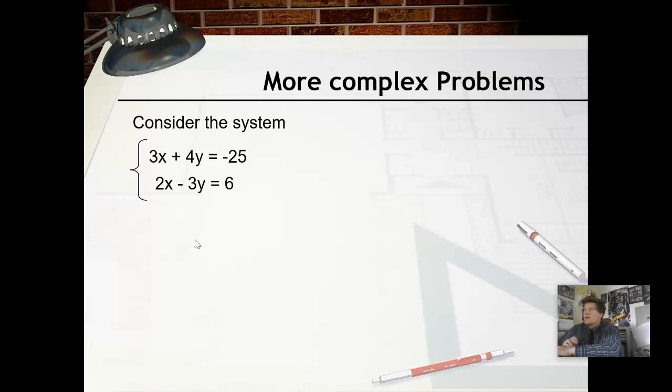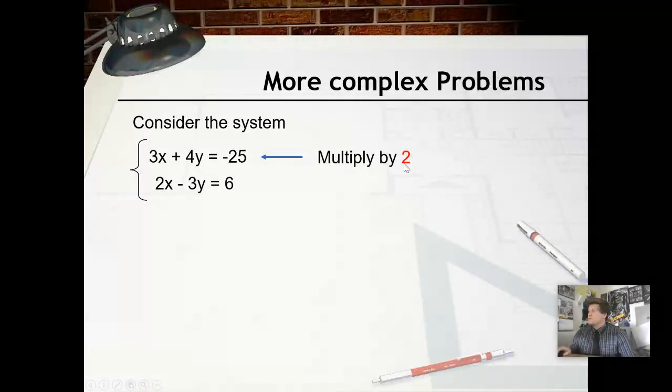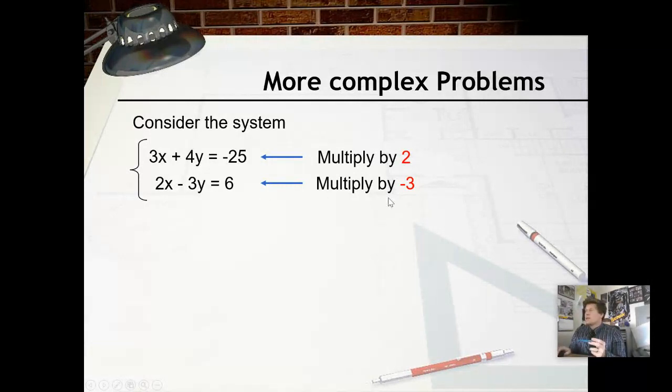Think about numbers that 3 goes into and that 2 goes into. 6 has a 3 and a 2 go into it. So we want to change the x's to become 6's. To do so, we're going to multiply the top by positive 2 and then multiply the bottom by negative 3, because 3 times 2 makes positive 6. 2 times negative 3 makes negative 6.